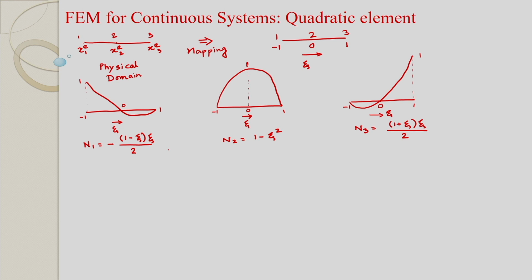Now, in this element we can write the physical coordinate x as N1 x e1 plus N2 x e2 plus N3 x e3.